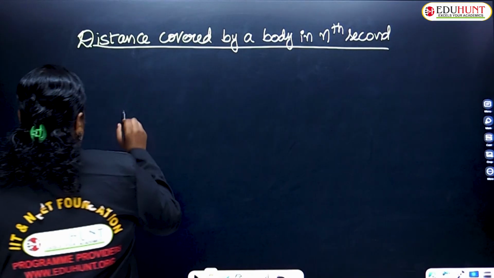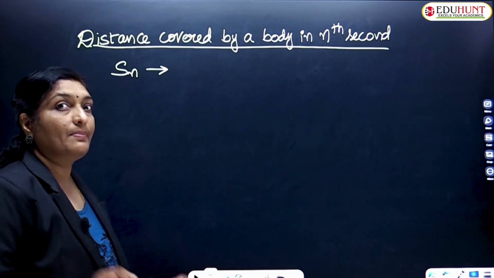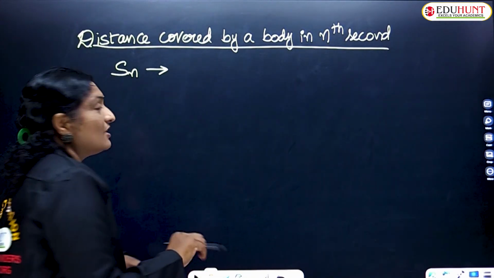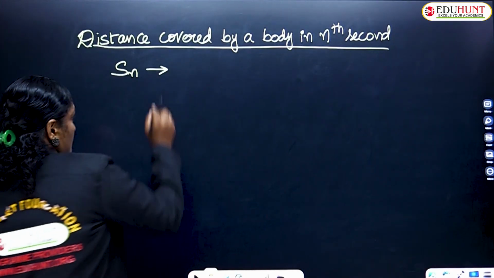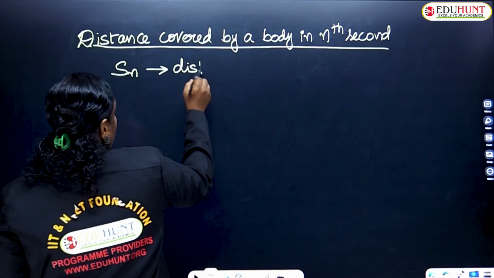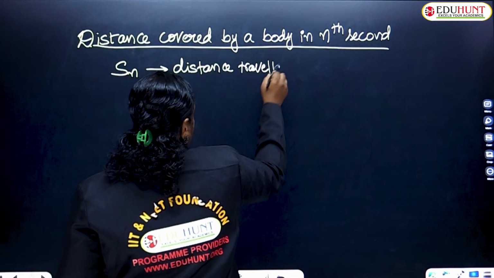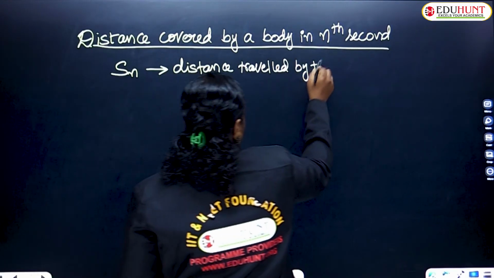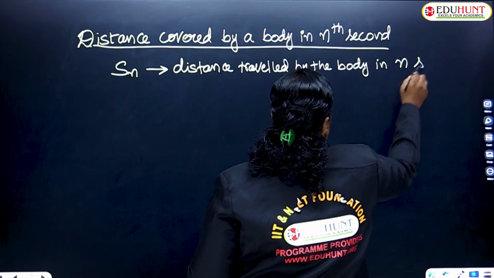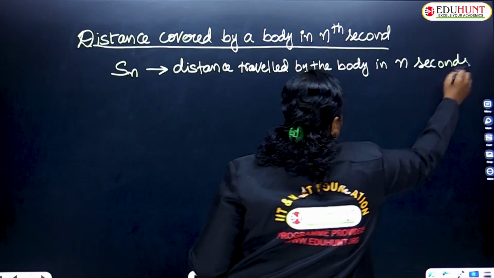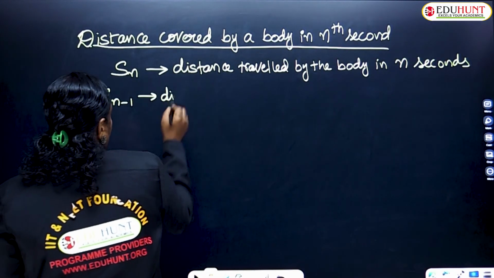Let us suppose that Sn is the distance travelled by the body in n seconds. Instead of t seconds, I have just replaced it with n seconds, any number of seconds. And Sn minus 1 is the previous time.